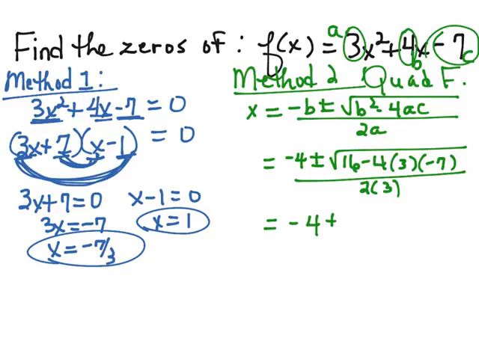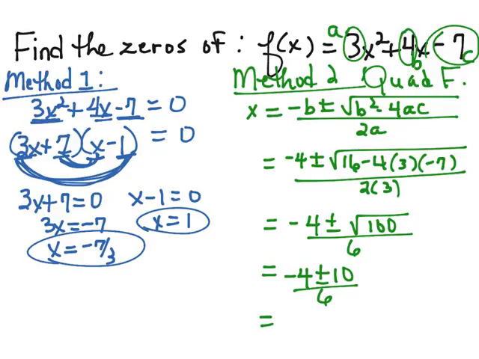Simplifying, we're going to have negative 4 plus or minus the square root of 16 minus 4 times 3 times negative 7 is 100. And we're dividing by 6. So that's negative 4 plus or minus the square root of 100 is 10 over 6.